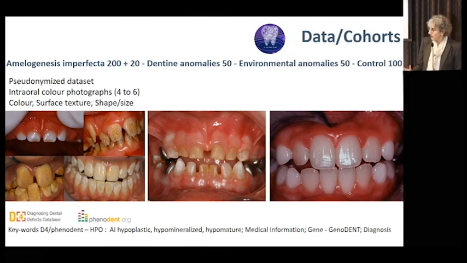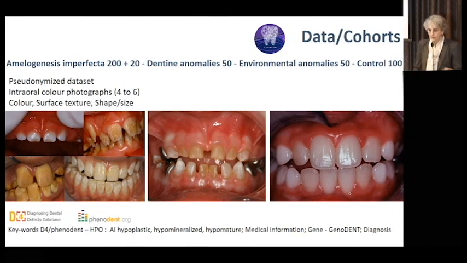And I agree, it's a time-consuming process, and we engaged into a data challenge, offering the data sets through a platform to European competitors so that they could create the best algorithm to help diagnosing this rare disease with enamel defects.